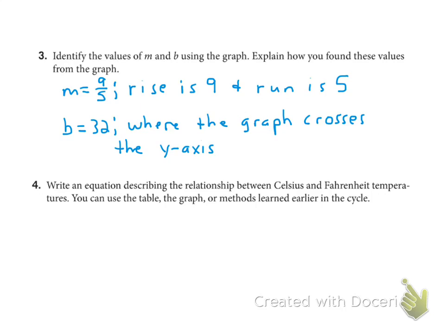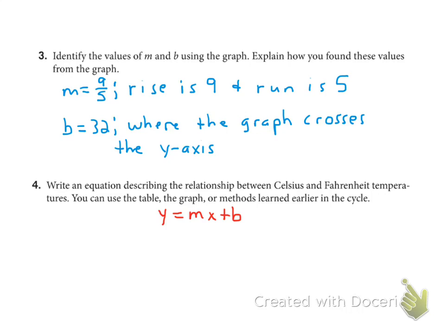Number 4. Write an equation describing the relationship between Celsius and Fahrenheit temperatures. You can use a table, the graph, or methods learned earlier in the cycle. So we're writing a formula, or writing the equation. It's really going to be in the form of y equals mx plus b. But instead of y, what are we going to use?